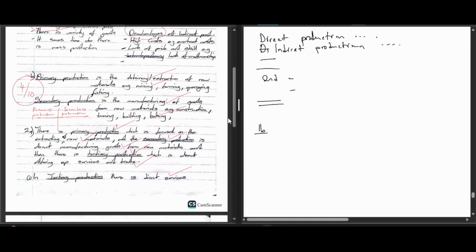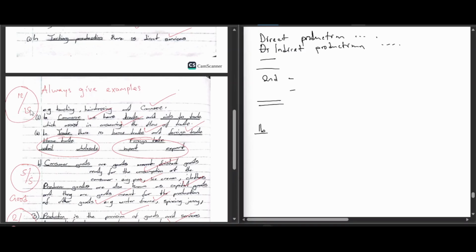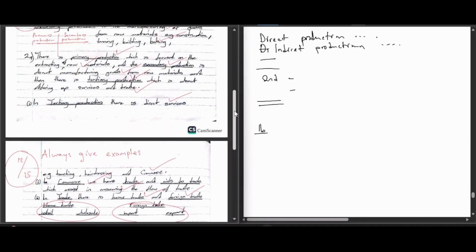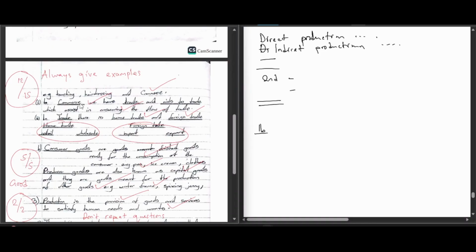Then when we go to number 2A, you did very well. That's why I want to go for 15. Your only problem was you didn't give examples, especially for primary production and secondary production. Had you given examples for primary production after the definition and secondary production, you could have gotten all your marks, because it was a question of explaining the 3 stages of production. For tertiary production you gave examples exhaustively, but you didn't give examples for the others, so that's where the 3 marks were lost.